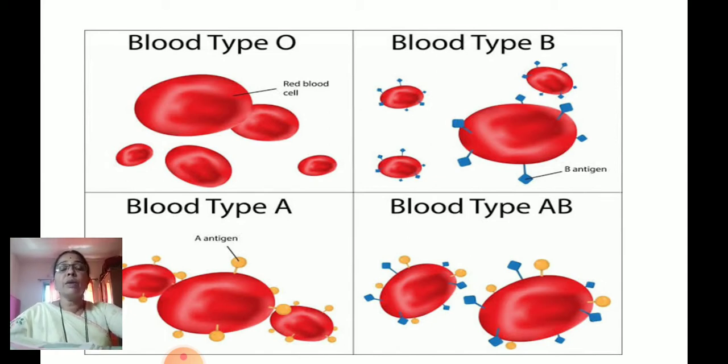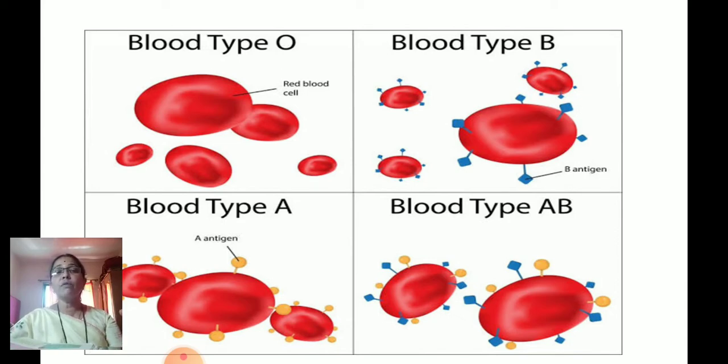So naturally, when we transfer blood, that is, when blood is given to a patient, if the patient is undergoing surgery, has had a severe accident, or during the delivery of a child, when there are complications and operations have to be done, for all these purposes blood is lost from the body.